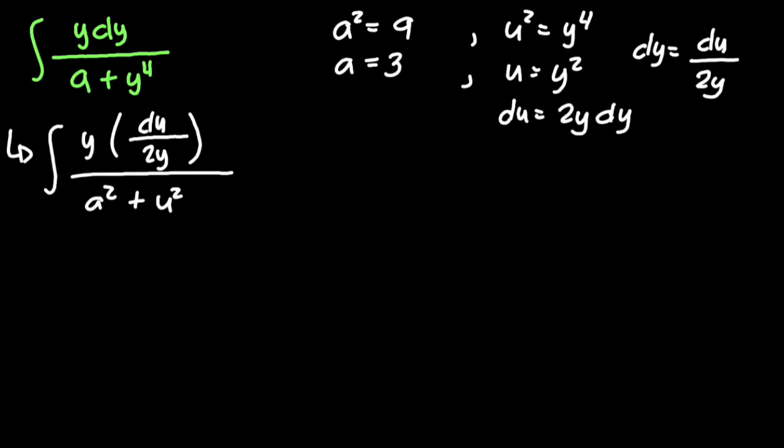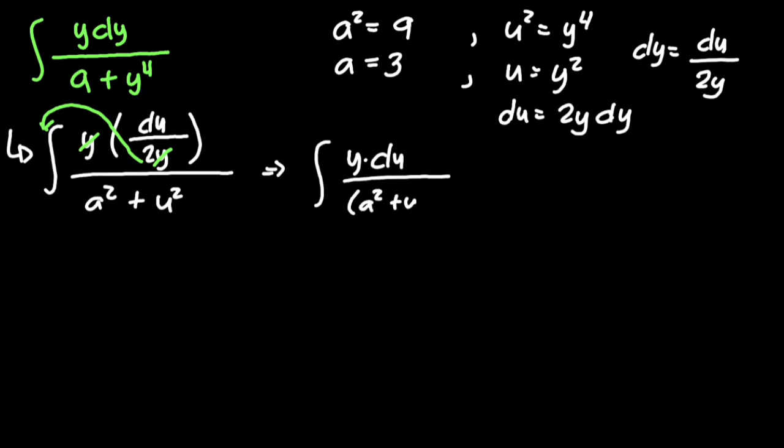So firstly, let us simplify this. The y here and y here would cancel each other out, and bring 2 outside the integral. If you don't get it, this will become simply first the integral of y multiplied by du over a squared plus u squared multiplied by 2y, because we just bring 2y down.